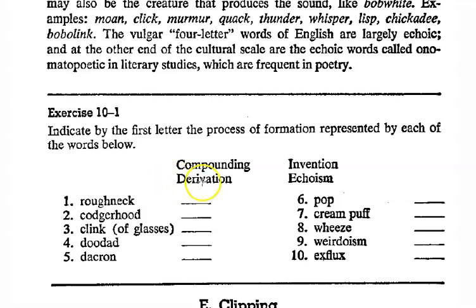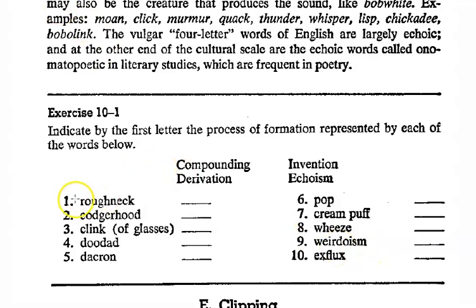Okay, we added, in relation to derivation, we added inflection as a process. But now in this question, we only look at these four. Please pause the video and take 2 minutes to solve this exercise.